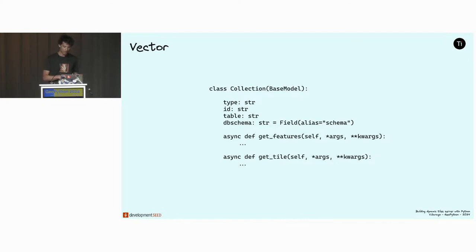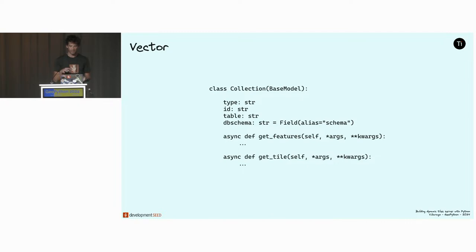So in TiTiler, we had this notion of reader to access the data, and we have the same with TiPG. It's an abstract base class that defines that the collection should have two functions: get feature and get tile.